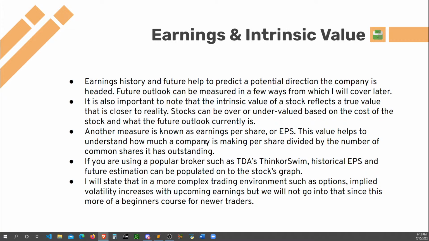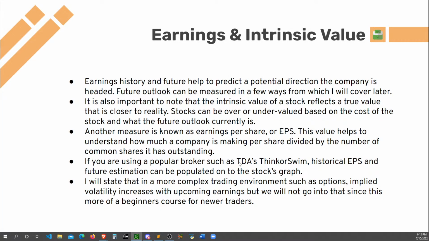Another way to measure fundamentals is earnings per share, right? And this basically helps you understand how much a company's making per share, divided by the number of shares that it has outstanding. A pretty simple way to determine. I use Thinkorswim when I'm trading, and I'm going to pull up Thinkorswim right now just to show you guys.